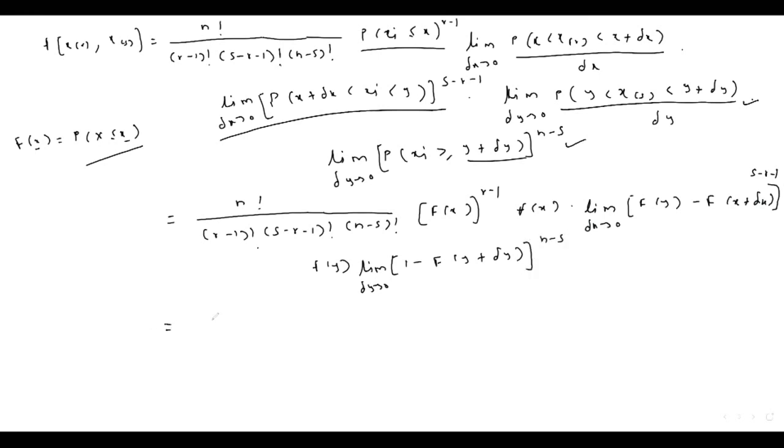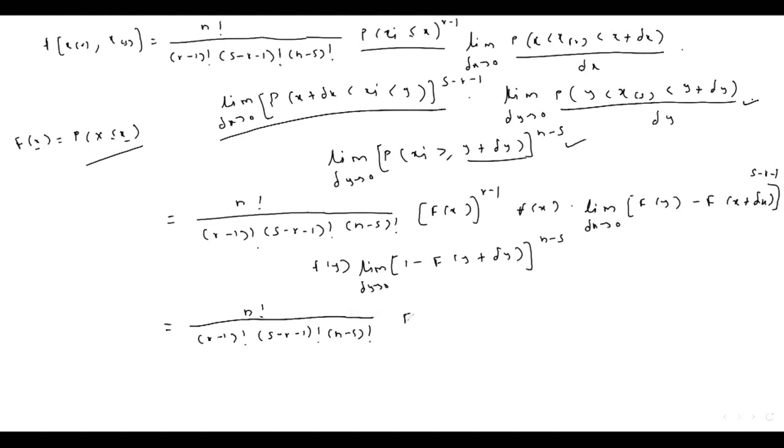Let me simplify it as n factorial divided by r minus 1 factorial, then s minus r minus 1 factorial, then n minus s factorial.